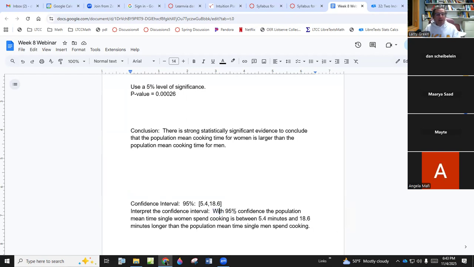So with 95% confidence, the population mean time single women spend cooking is between 5.4 minutes and 18.6 minutes longer than the population mean time single men spend cooking. Are there any questions on the conclusion of the hypothesis test and how to interpret the confidence interval?